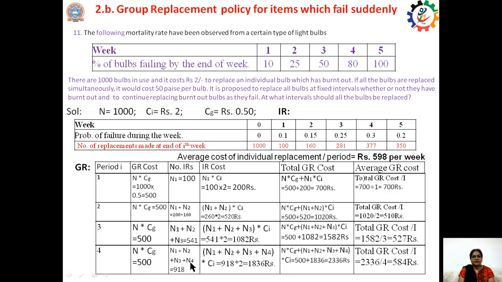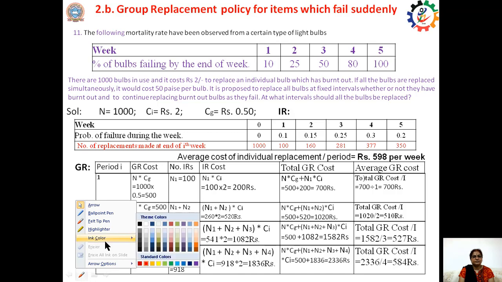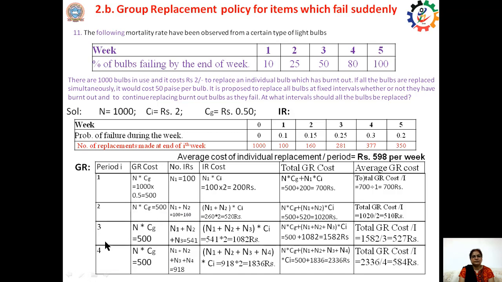So same way, N4 is added to previous value, 541 plus 377. These are NI values, number of replacement made. So I will just write this for your reference. These are nothing but N value, NI value.